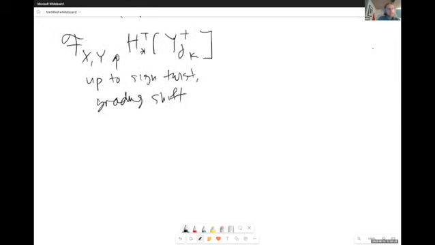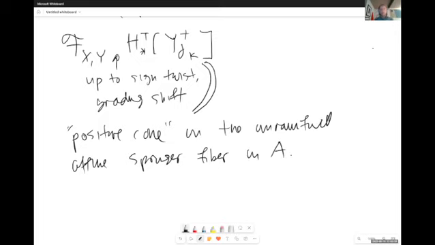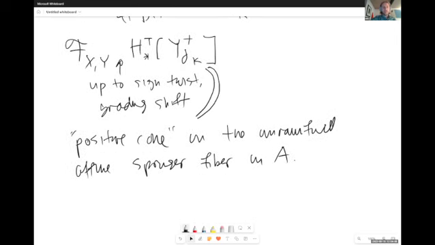This space is a certain positive cone, and I'll give an example of what I mean by positive cone, in the unramified affine Springer fiber in type A. This is a space studied by Goresky, Kottwitz, and MacPherson in a paper which has the words unramified Springer fiber in the title, or maybe it's Springer fibers in the unramified case.